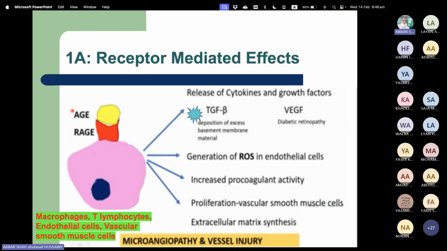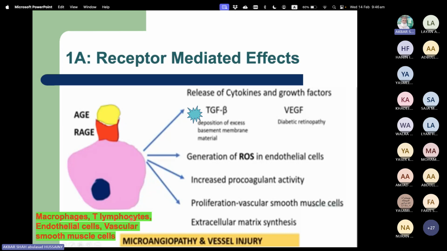Now, when the AGEs are formed, they produce damage by two methods. One receptor mediated, the other non-receptor mediated. Here you can see the AGE is binding to the receptor of AGE. And this receptor is present in these 4 cells: macrophages, T lymphocytes, endothelial cells, and the vascular smooth muscle cells.